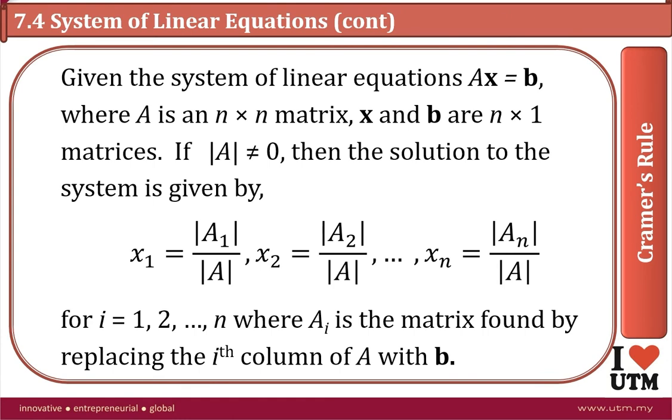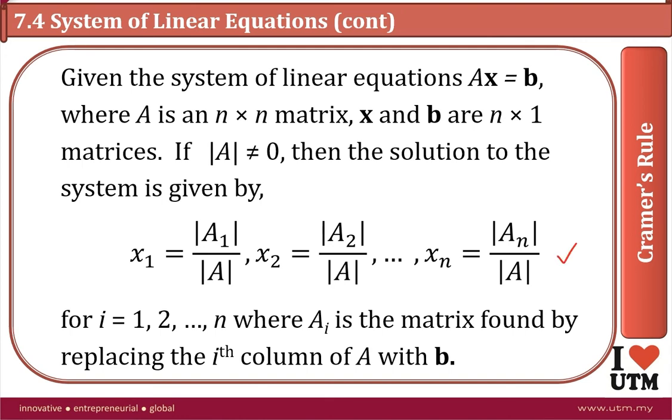Okay, next is Cramer's rule. The last method is Cramer's rule. Given the system of linear equations AX equals B, where A is an n by n matrix, and X and B are n by 1 matrices, if determinant of A is not equal to 0, then the solution to the system is given by this equation.